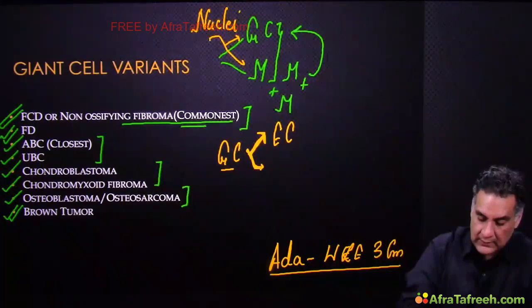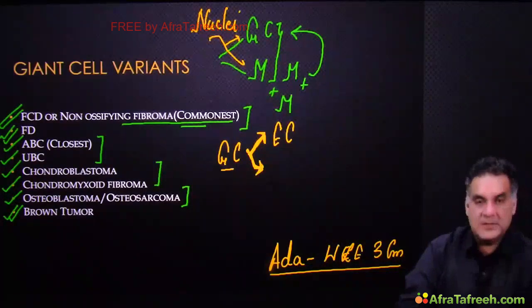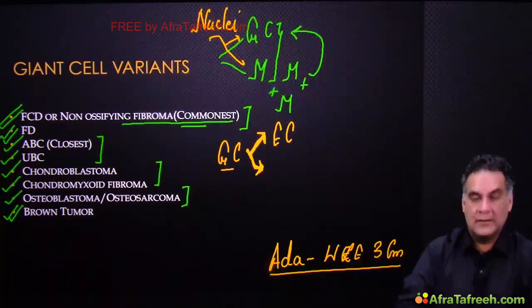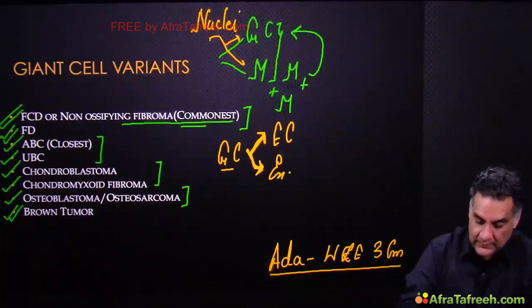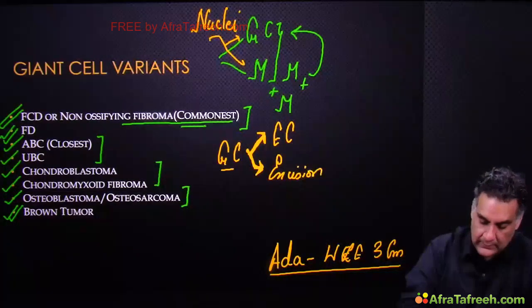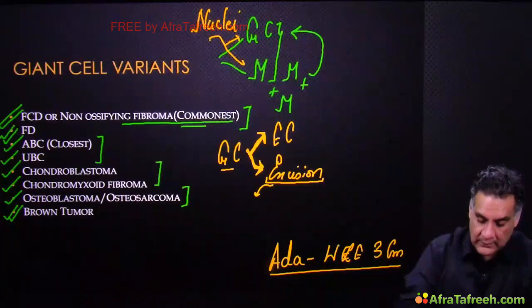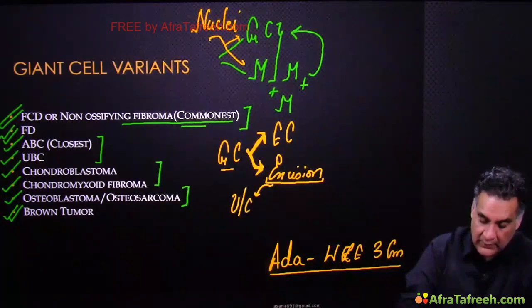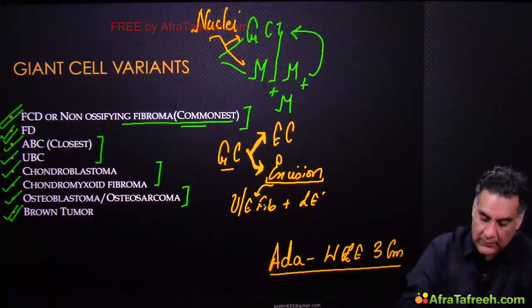The second option in giant cell tumor can be excision. And this is more common in upper end of fibula or lower end of ulna.